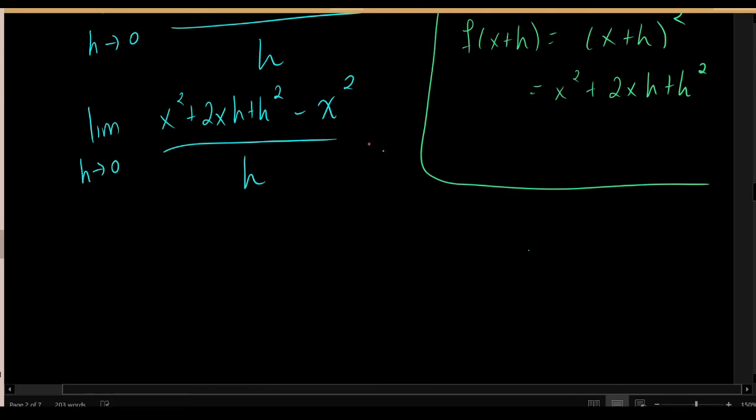Now just like when we did this calculation with numbers instead of x's, we can take the x squared minus x squared and those will cancel out. That leaves us with the limit as h approaches 0 of 2 times x times h plus h squared over h.